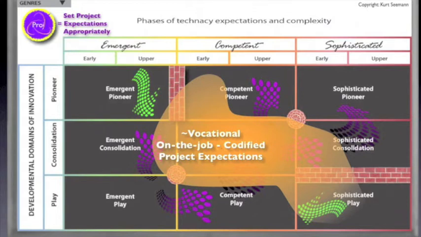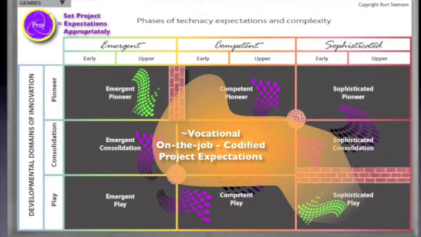Here we typically find that either through cultural validation or through institutional codified knowledge, we provide students with the ability to do projects following standardized methods. And this is codified often in a way through vocational certification. And so here we set design technology projects in the vocational domain of learning.